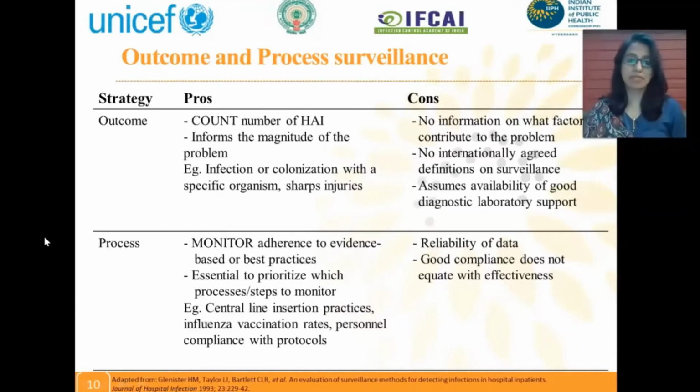Those are the steps which contribute to the disease or prevent the disease. So if you manage to do surveillance for those, still you can contribute to reduction in hospital acquired infections. Then process is also essential to prioritize which steps to monitor, where to focus, where to allocate resources, what are contributing to the higher risk of HAIs.